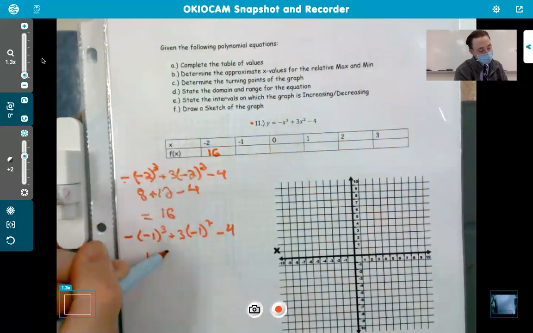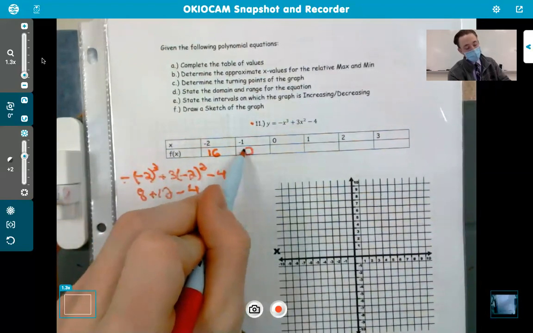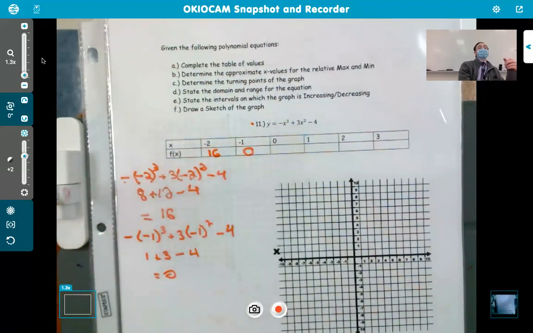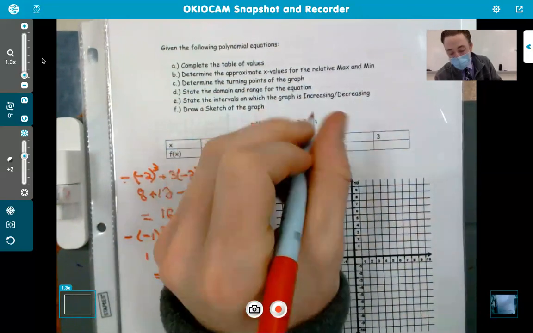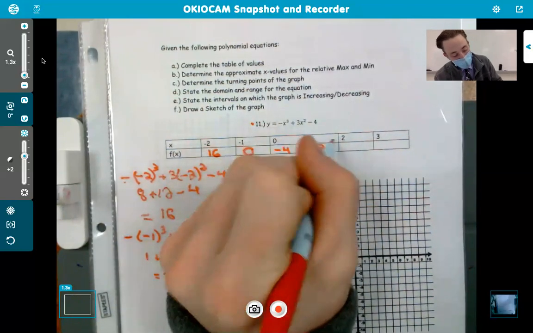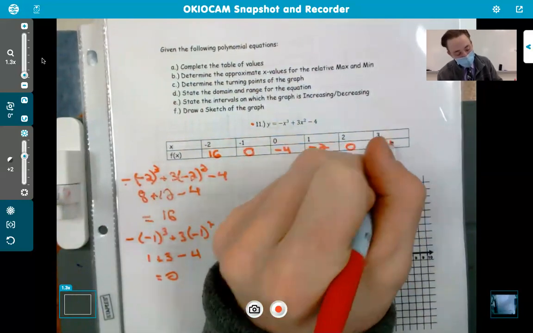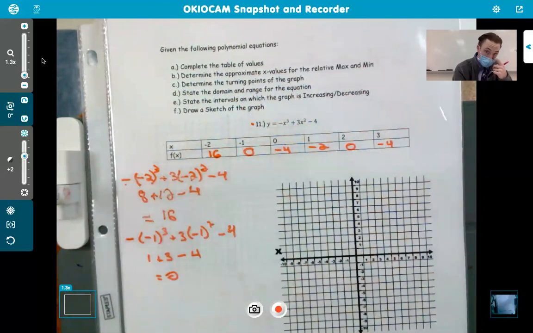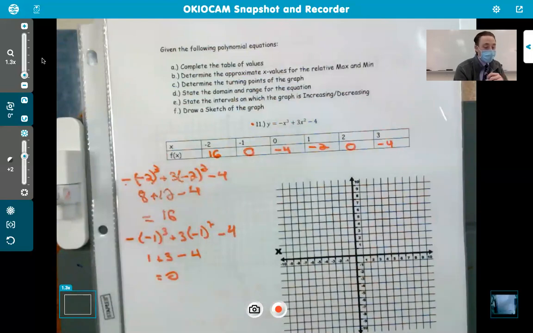Then it would be plus 3 minus 4, which gives you 0. Here's a situation where we have a 0 in the f of x, right? So they give you a 0 automatically, which is nice. If you were to plug in 0, you'd get negative 4. Plug in 1, you get negative 2. Plug in 2, you get 0. And plug in 3, you get negative 4 as well. All right, you get those values from taking the x's, plugging it in, and simplifying.